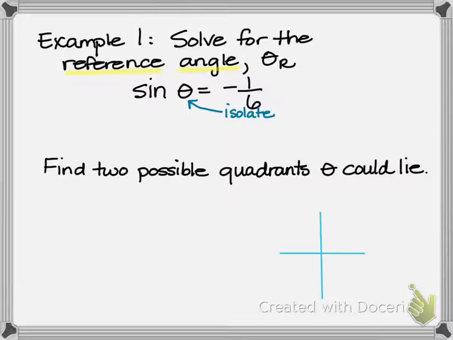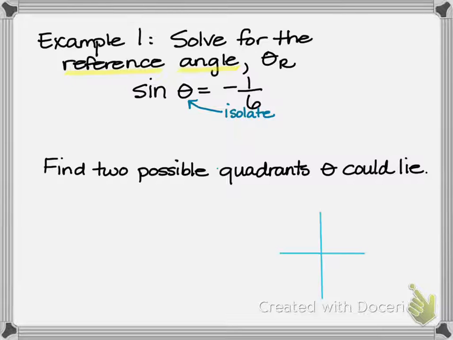So in order to isolate theta, I need to get rid of sine, but I can't just exactly delete it. So what I'm going to do is take the inverse of sine on both sides. And when I do that, in essence, the sine disappears.